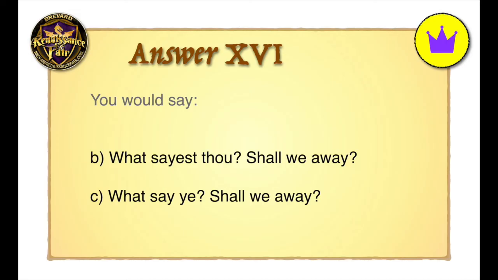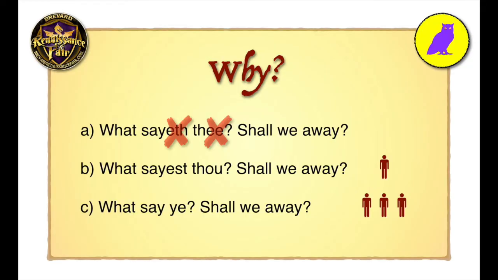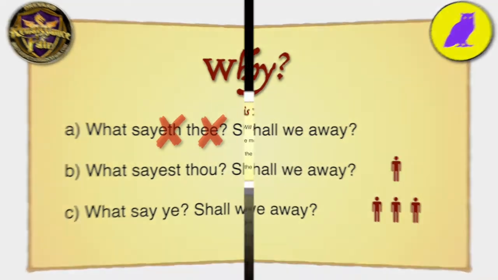And answer C, what say ye, shall we away, if you're addressing more than one person. Why? Thou sayest, ye say. The first one, what saith thee, is incorrect because he, she, or it saith, right? Not thou saith, and also thee is the object pronoun.